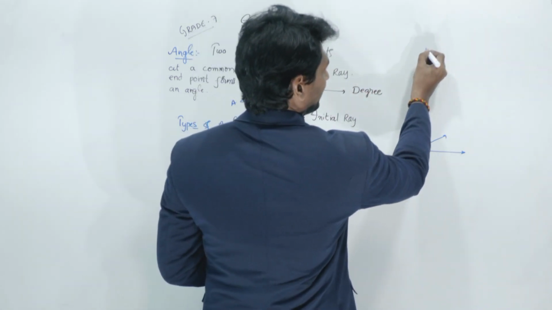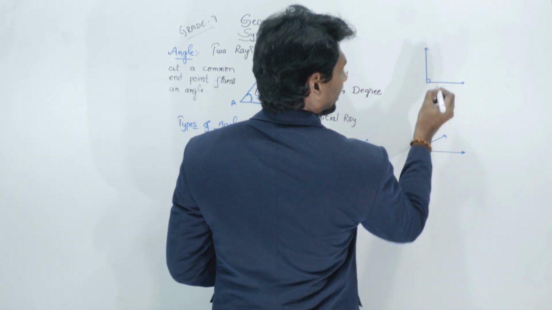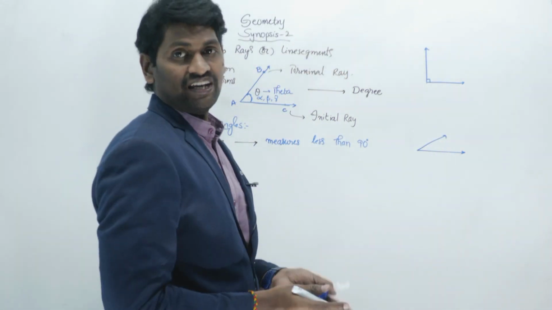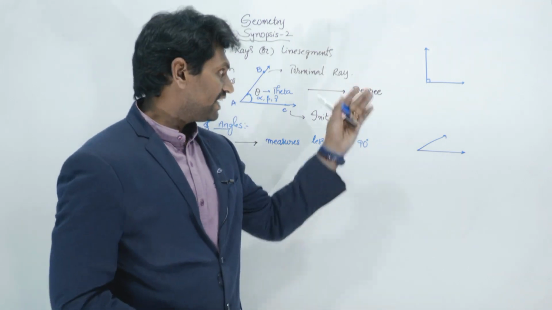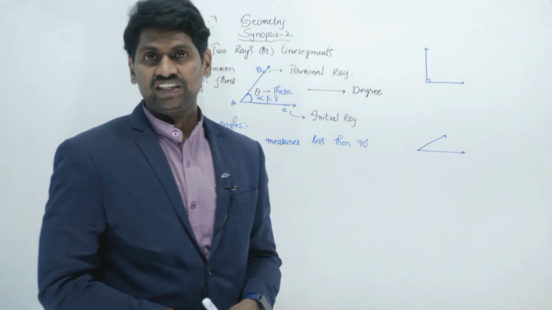We know exactly 90 degrees looks like this. The angle between any two adjacent walls is 90 degrees, or the angle between the floor and the wall is 90 degrees.